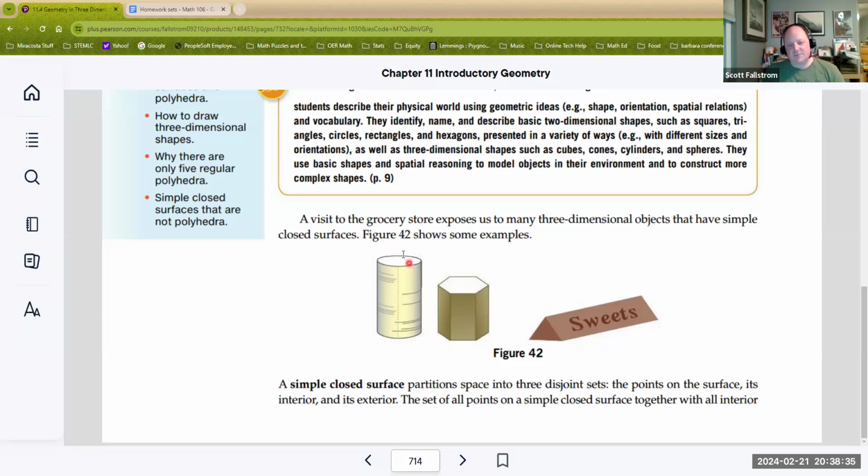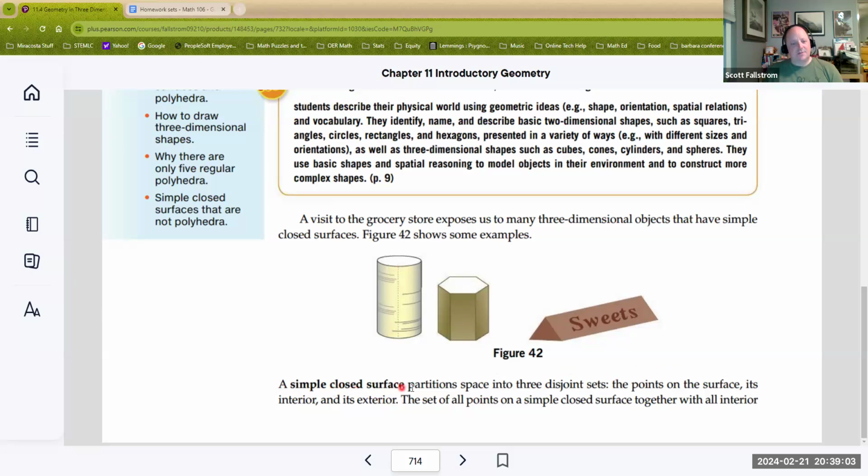You'll notice that this shape next to it has a circle base. Even though the side looks curved, if you unroll it, it looks like a rectangle. So it has a rectangle and then two circles. Unfortunately, that is not a polyhedra because it violates the requirement of being made of polygons. Going back to the definition of a polygon, the circle violates the fact that it has to be made up entirely of line segments.